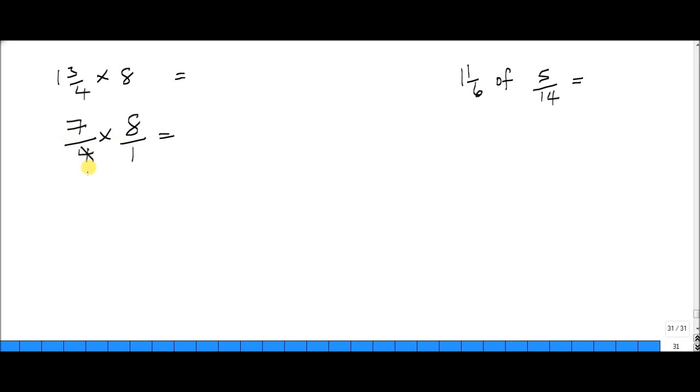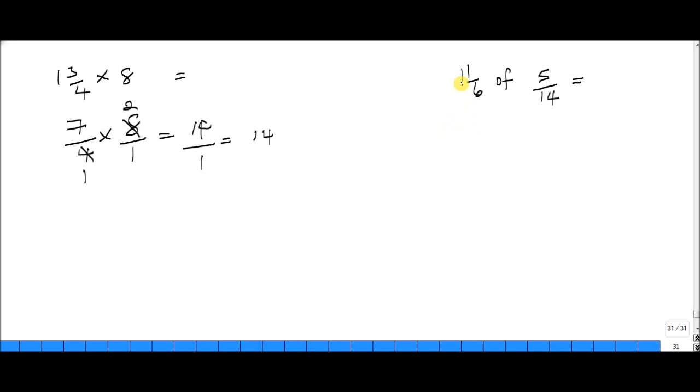So we say 4 into 4 1 time, and 4 into 8 2 times. Multiplying across, 7 2s would make 14 over 1 times 1, which is 1, and 14 over 1 is equal to 14. Of simply means to multiply.